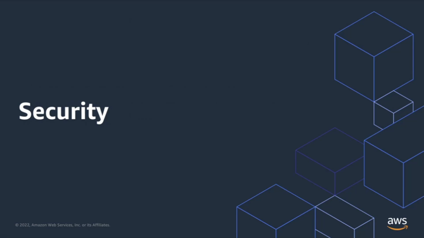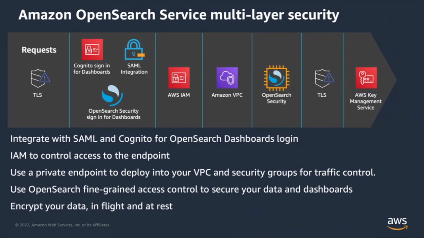So let's have a look at the security and how that interacts with our tenancy model. Amazon OpenSearch Service provides a multi-layer security model. I'm not going to go into great depth around this, but I will point out some of the main features. We have encryption all the way through, so TLS to the endpoint, and then the internal networking, you can enable TLS between the nodes themselves.